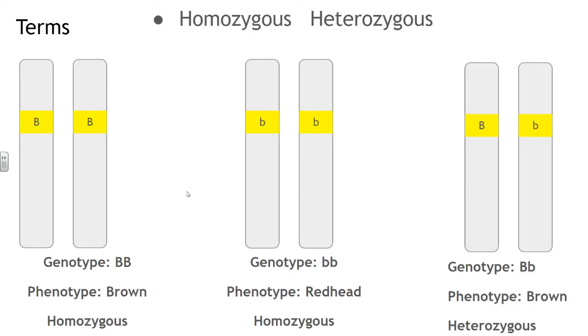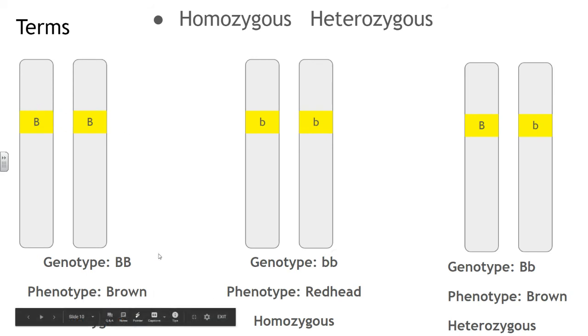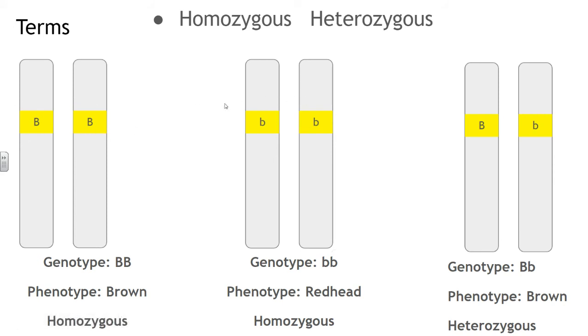So the terminology we use for this is homozygous and heterozygous. So if both alleles are the same, we say it's homozygous. That can be homozygous with the dominant allele or homozygous with the recessive allele.